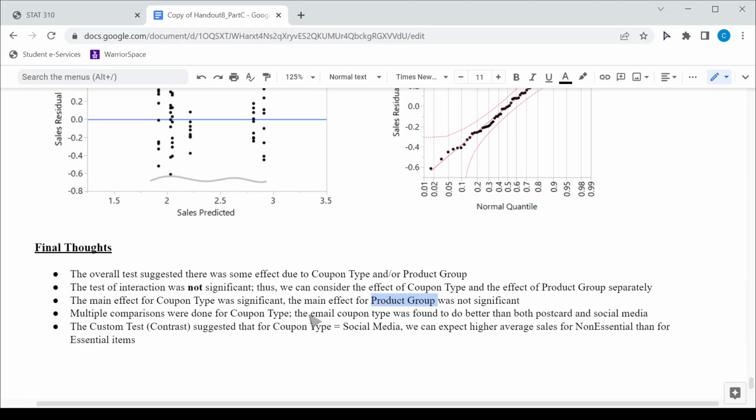Multiple comparisons are done, and we determined that email was found to do better than both postcard and social media in terms of the average number of sales. We did a custom test to determine just for coupon type social media, can I say I have differences between non-essential and essential items, and I was able to establish a statistically significant difference there.